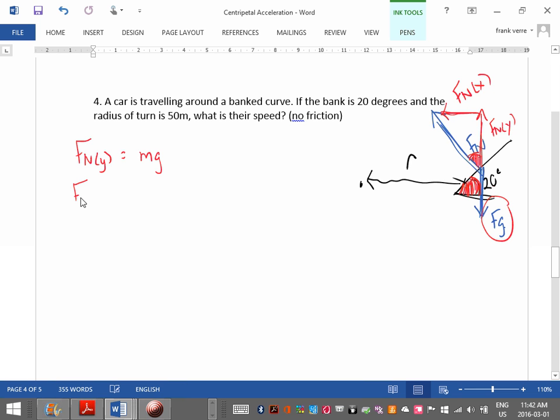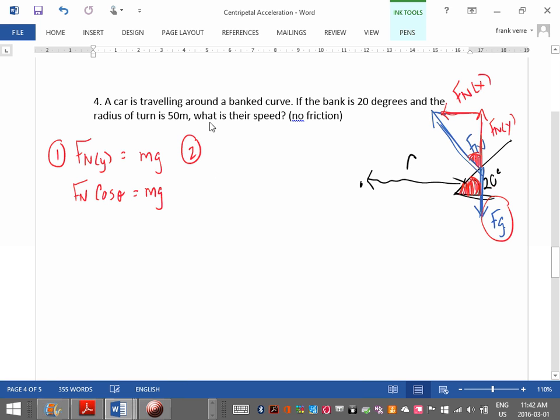It has to be the normal force times, how would you figure out this? What component would that be? Yep. Okay, so that's the vertical component.